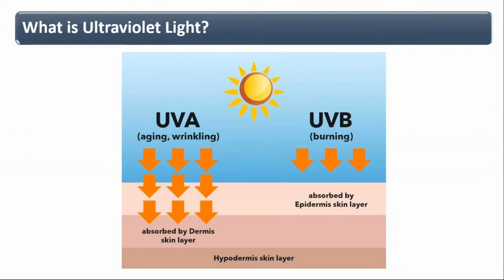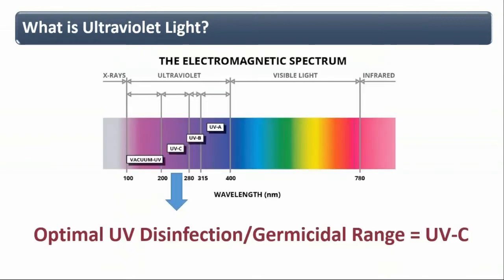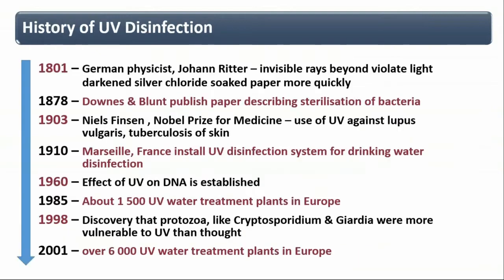So those are not the ones that we are specifically interested in today. Next slide, please. So as Linda mentioned and has been said, we're interested in the region from 200 to 280 nanometers, which is the germicidal range, or UVC, and that's the one that we can use to apply for UV disinfection.